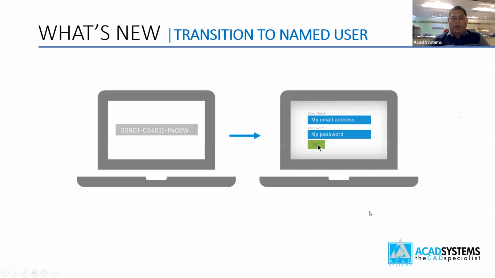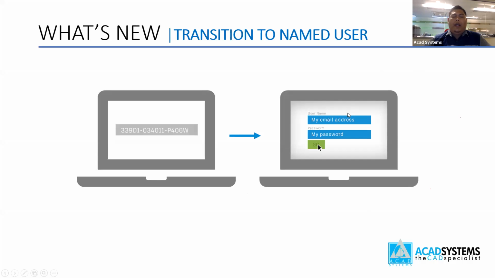Okay. So before I jump into the topic, let me start with what's new with Autodesk today. Since 7th of August 2020, Autodesk has introduced new plans called named user.